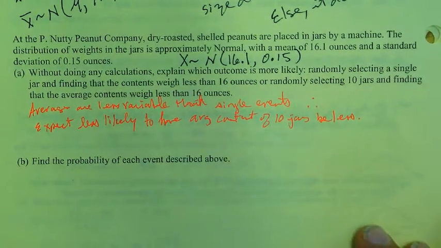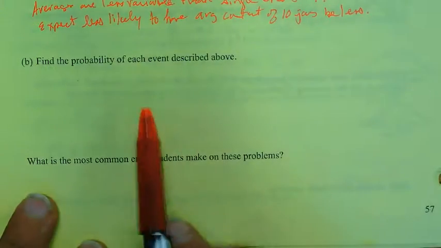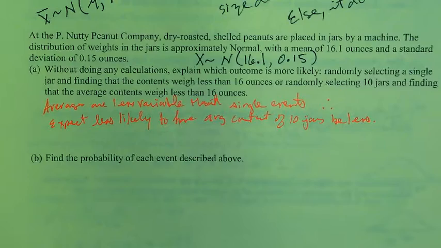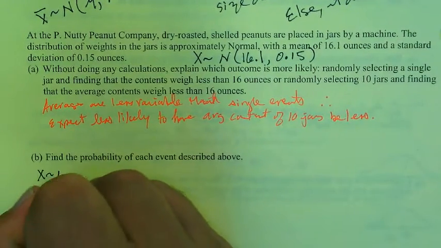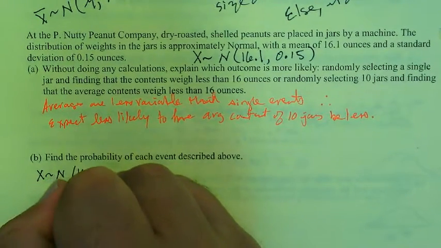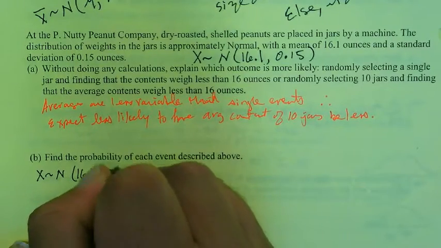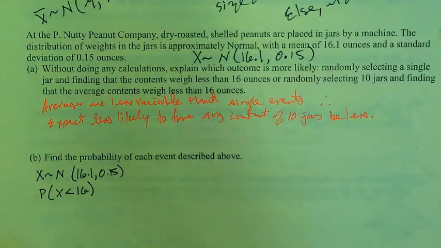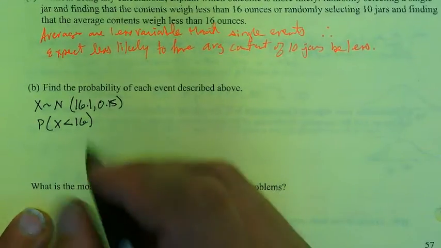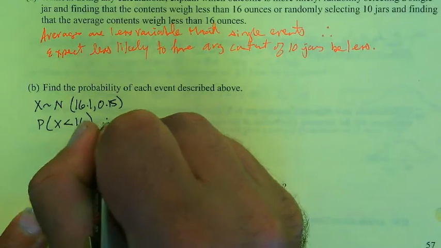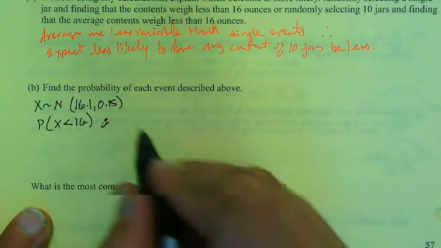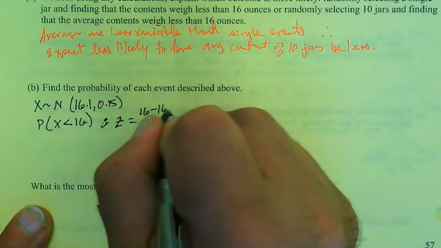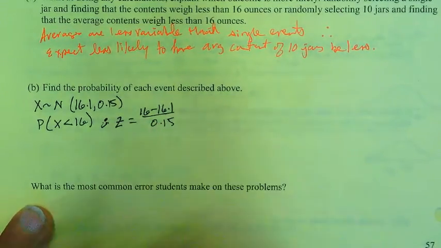Okay? Then, find the probability of each event described above. Right? So, we have X, which is approximately normal, with 16.1 and 0.15, and we want to find the probability that a single jar is less than 16 ounces. Right? Need the z-score for that. The z-score would be 16 minus 16.1 divided by 0.15.